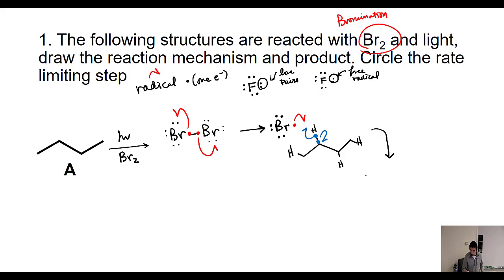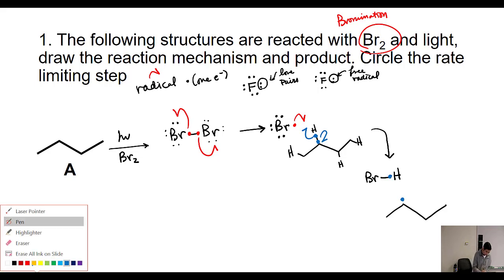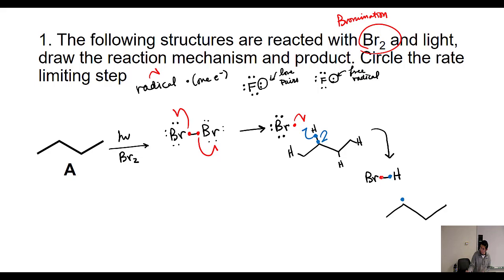So now I get bromine with hydrogen, and I get my butane with 1 electron. I have a radical here.